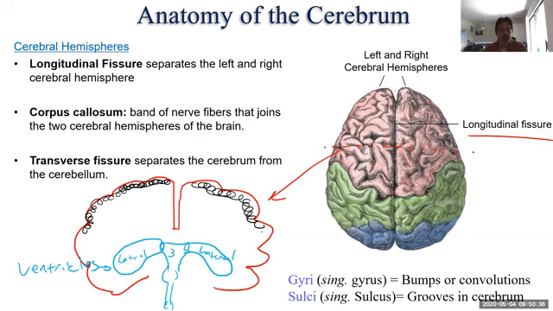But then they will also be having myelinated axons, and these axons will be crossing over from one side to the other like this. And they all come through this little bridge of white matter. This is what we call the corpus callosum. You guys remember from the side view, the corpus callosum, what this does is these are nerve fibers that join the two cerebral hemispheres together.